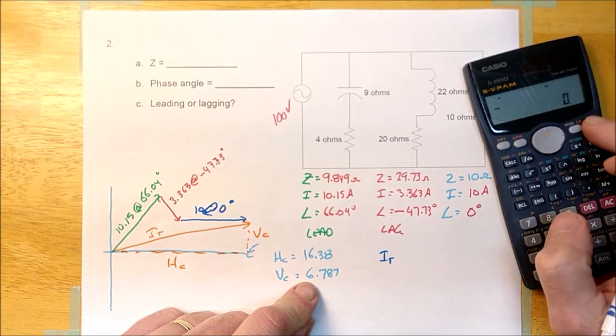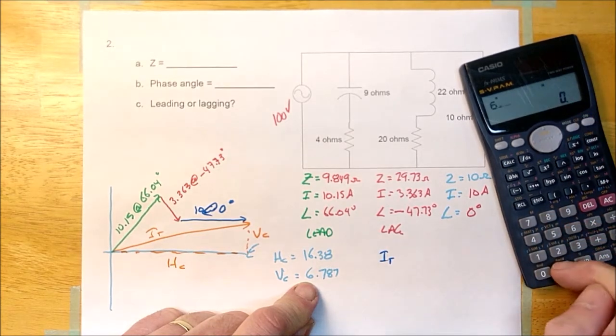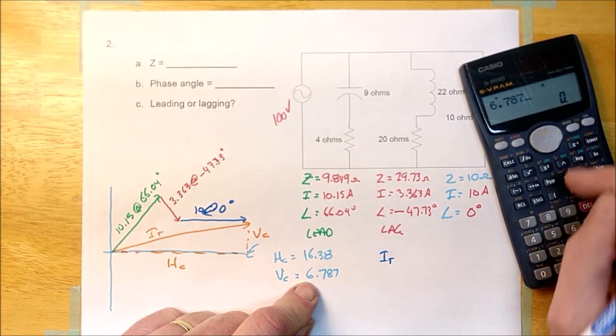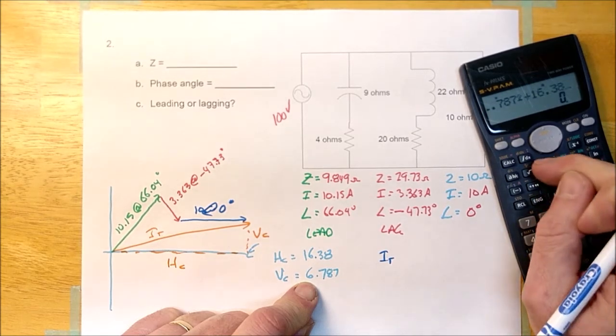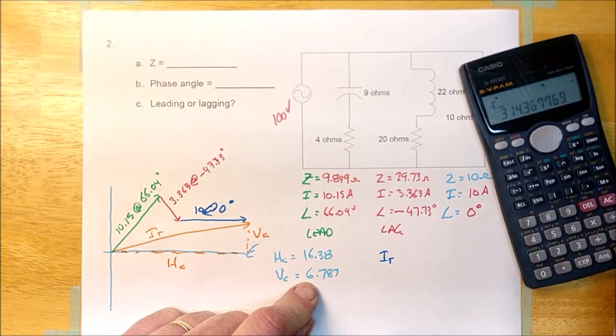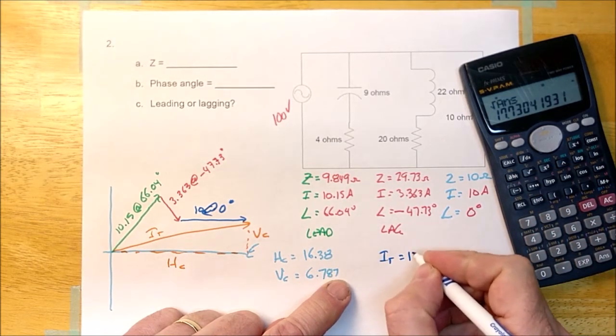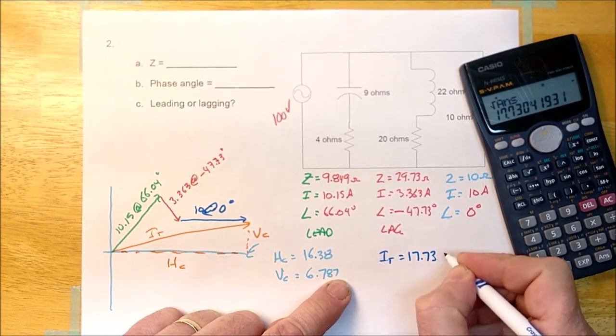Should be 6.787 squared plus 16.38 squared, root, equals 17.73 amps.